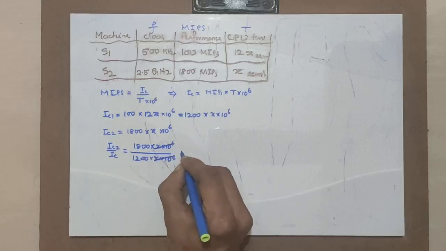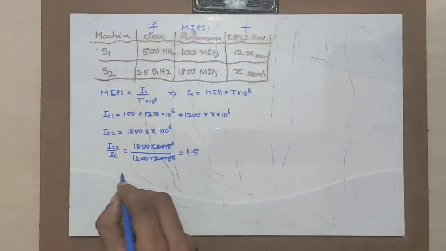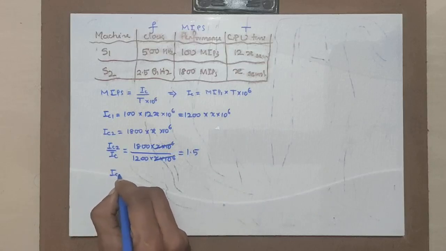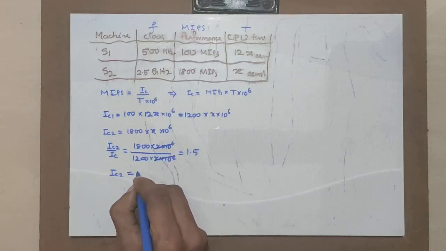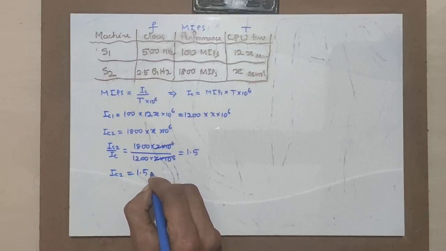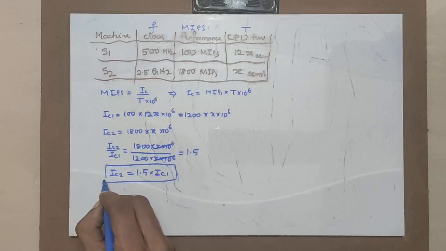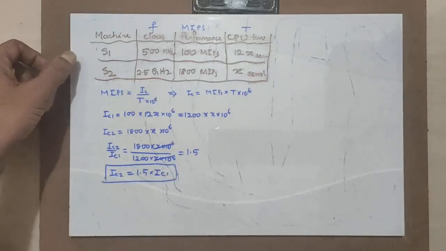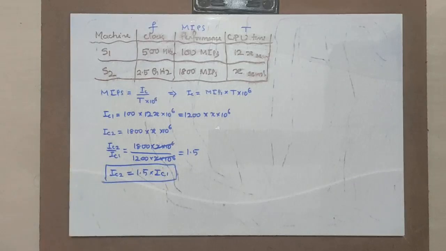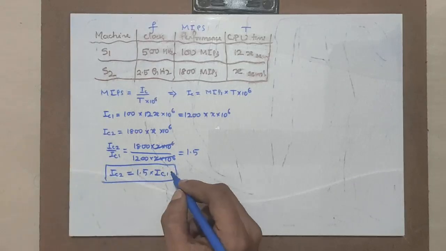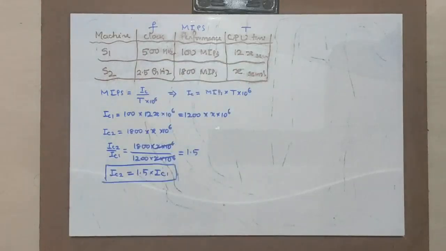Everything cancels out, giving you 1.5. That means instruction count for the second machine is 1.5 times more than the instructions count for the first machine. Please note this. Now let us evaluate the cycles per instruction.